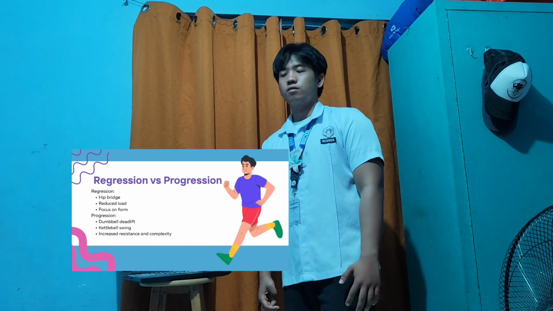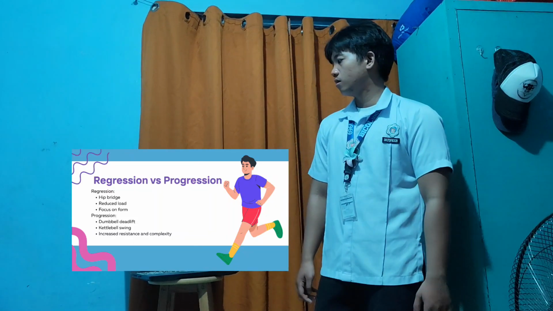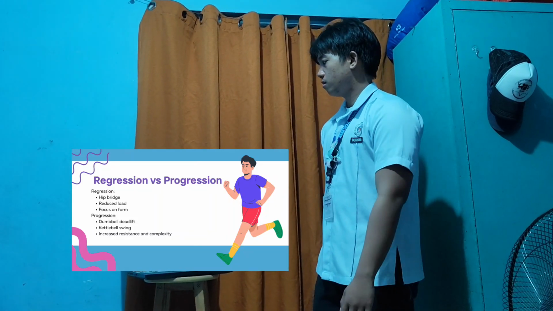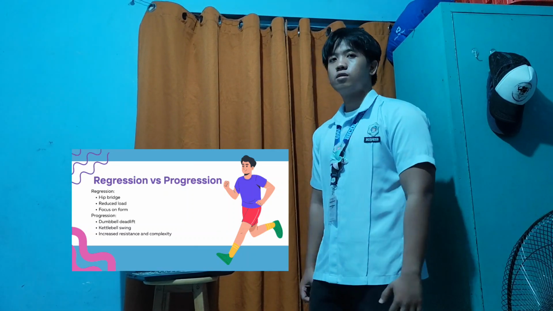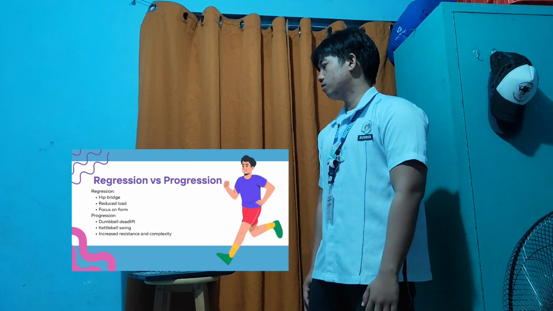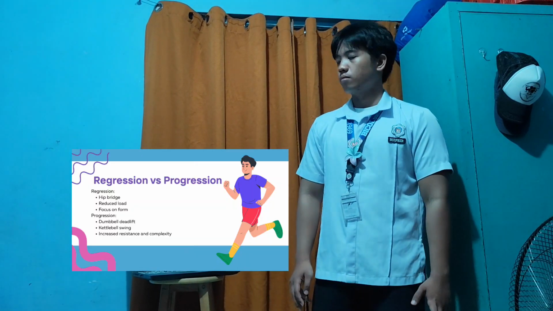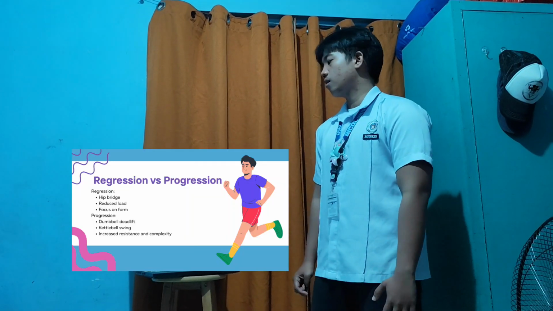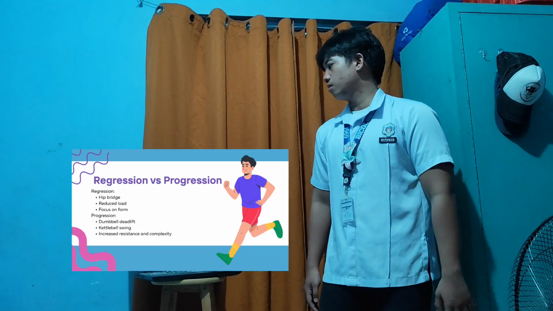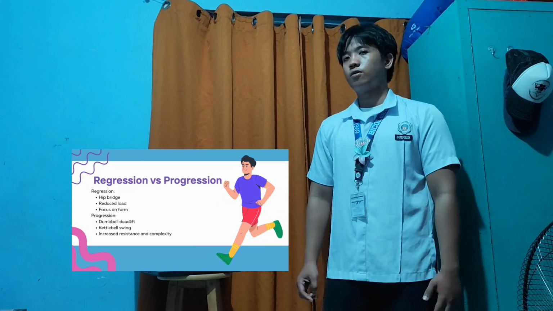So we are going to differentiate regression versus progression. Regression, hip bridge. We must reduce the load and focus on form. So syempre, pang beginner tong hip bridge, kailangan mo na magaan yung weights and then focus muna tayo sa form.